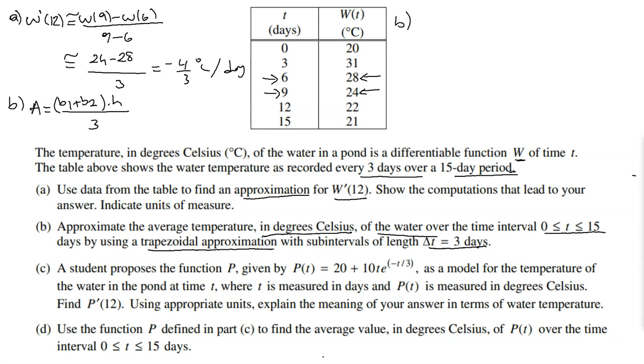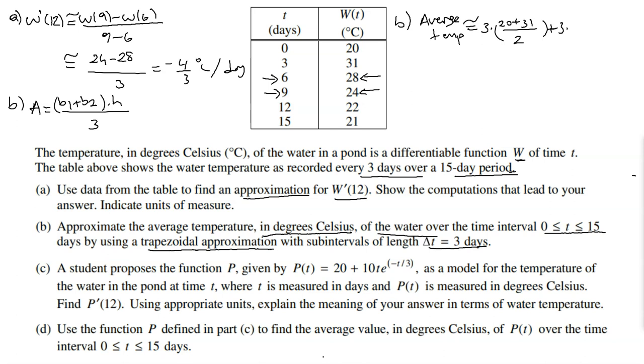So the average temperature is going to be approximately, if I apply the trapezoidal approximation, 3 times 20 plus 31 divided by 2. I'm going to apply this for every 3-day period.